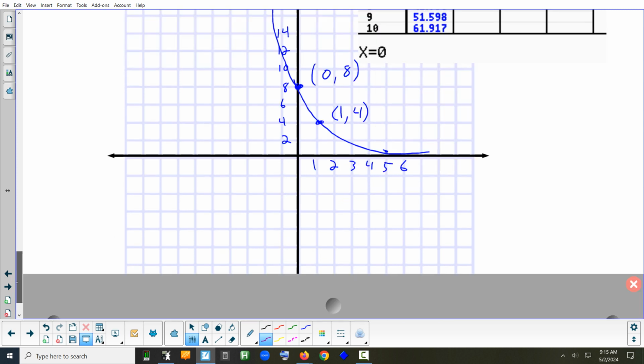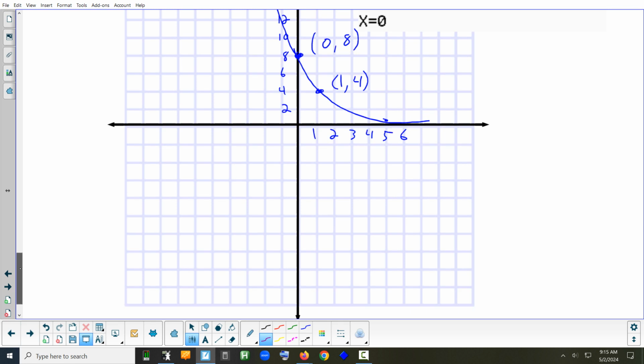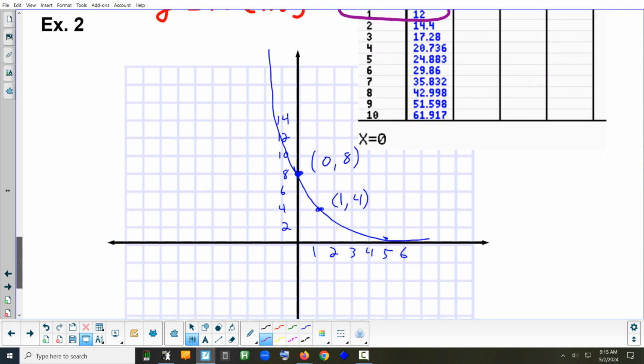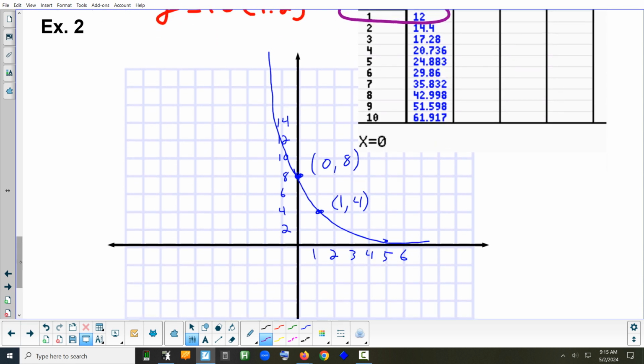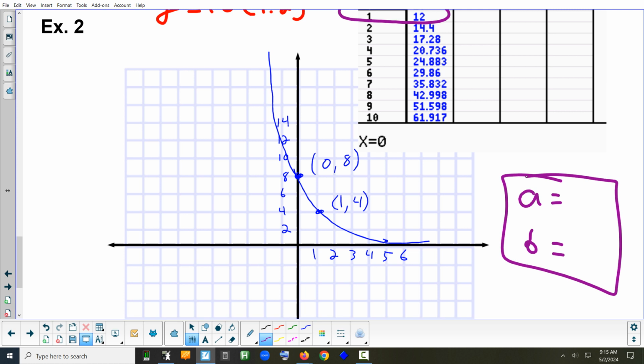And then I want you to find a formula for that equation. So remember, to find the formula, off to the side, you need to figure out those two things first. Then you can fill them into your formula.